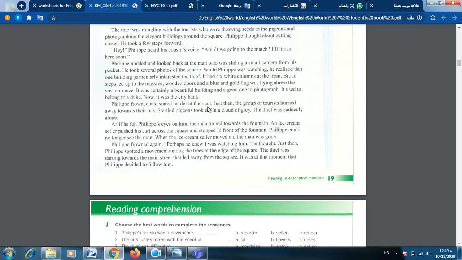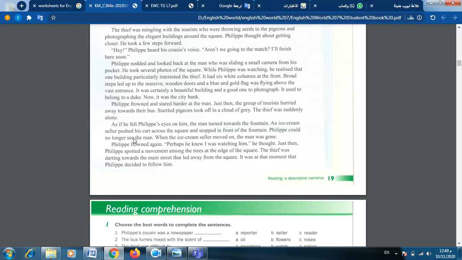His eyes were on the thief, so he turned towards the fountain. An ice cream seller pushed his cart across the square and stopped in front of the fountain.